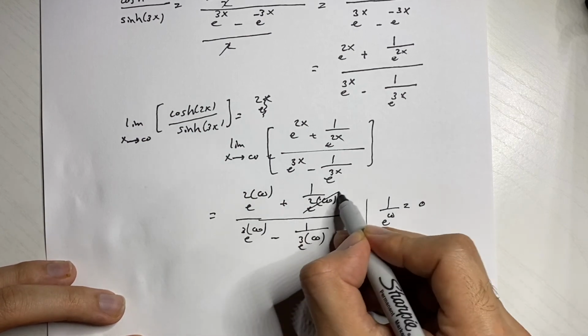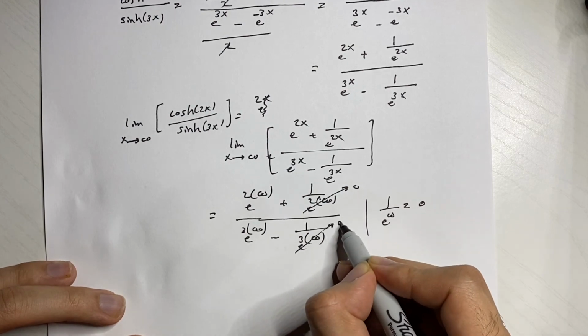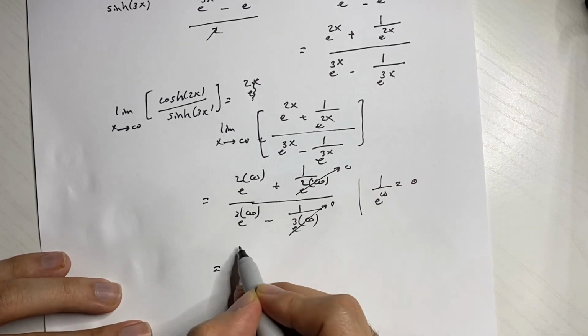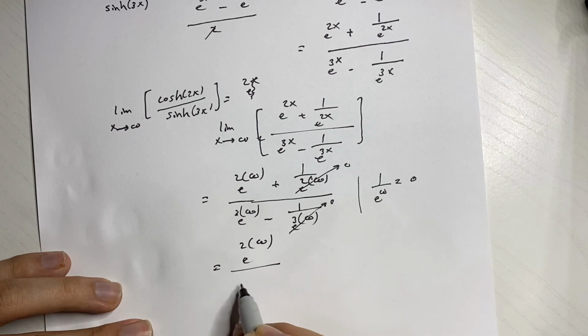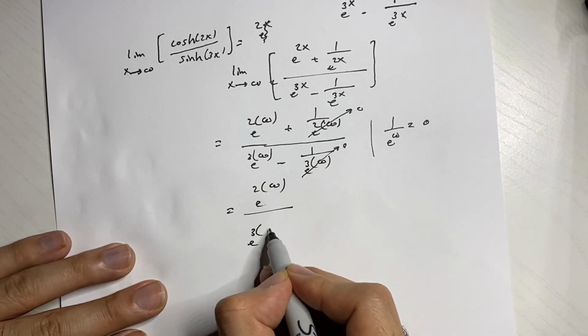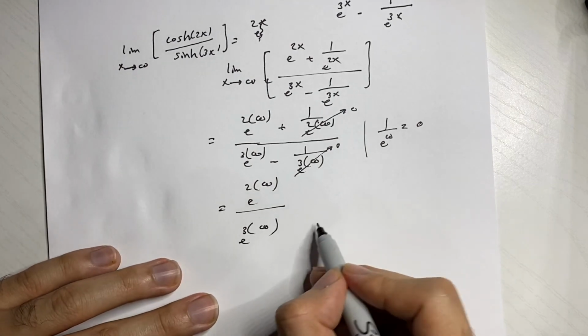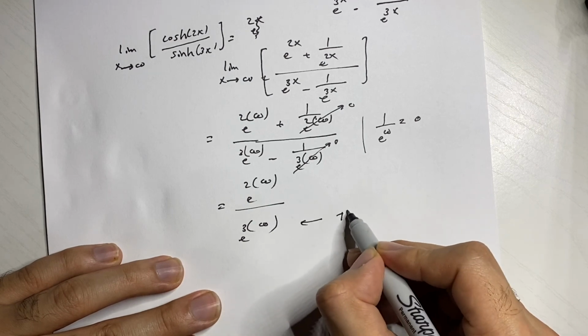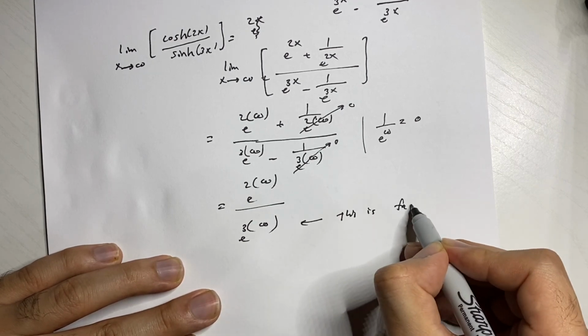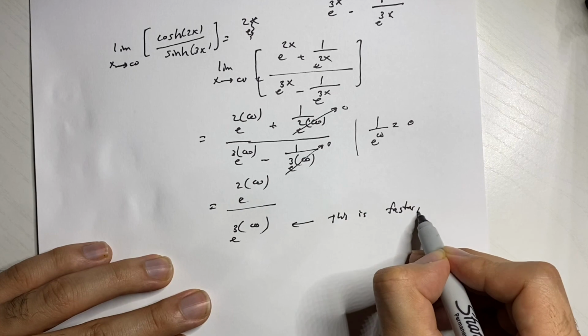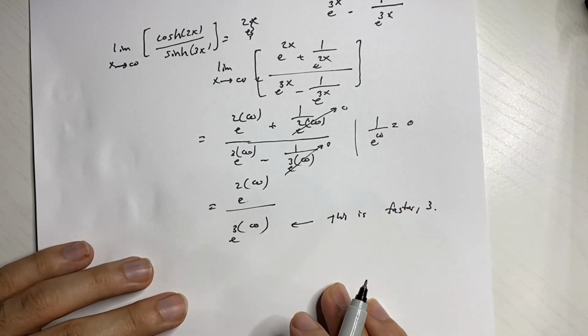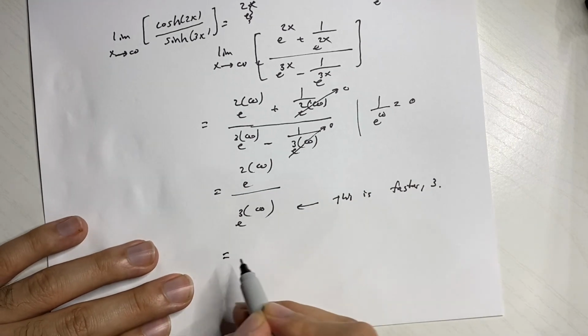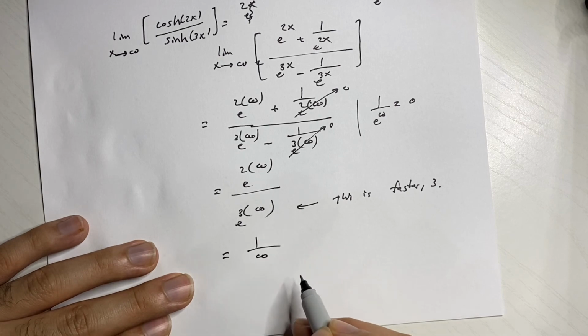So the fraction will go to 0, and on the bottom we have e to 2 infinity over e to 3 infinity. What we notice here is that infinity is multiplied by 3. It's going to grow faster than the top, which is multiplied just by 2. Therefore, this is the same as 1 over infinity, and the result will be 0.